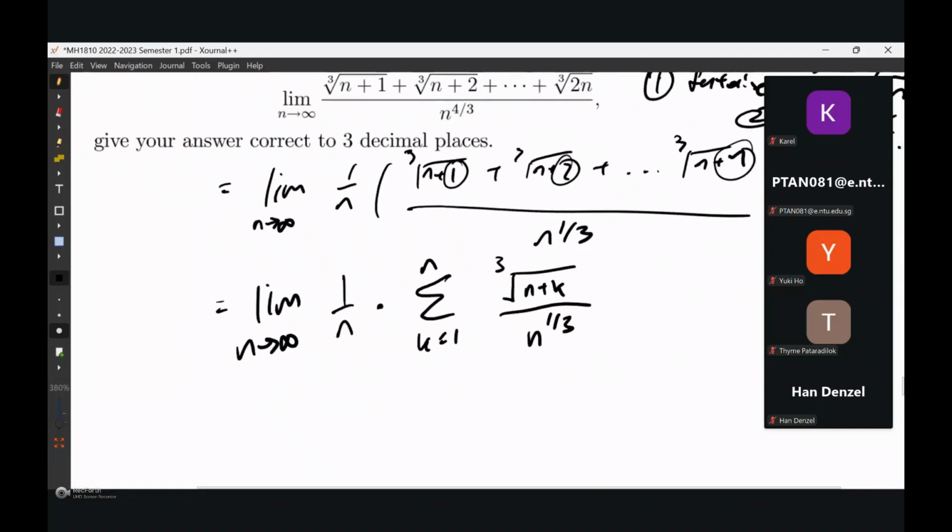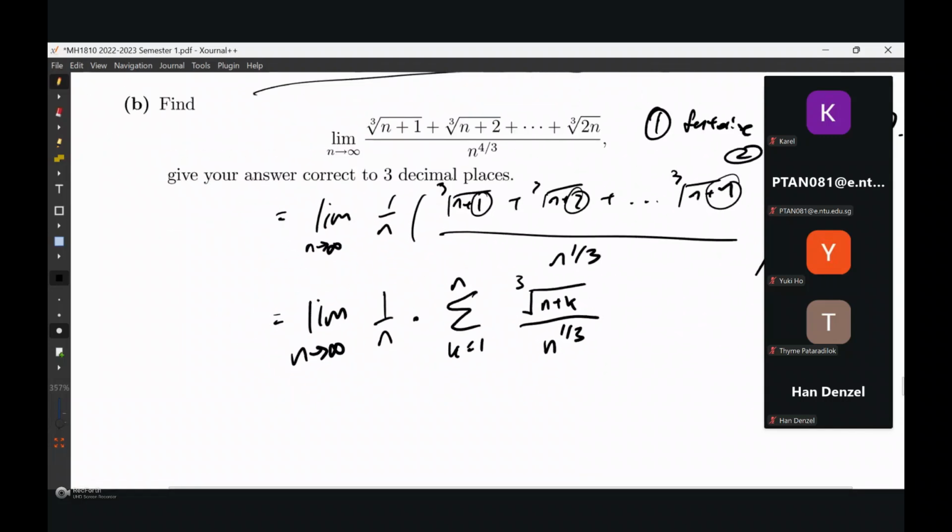Okay, so next step, we want to find out where is k over n. Now k over n is still not very obvious where it is. But here, notice that this n to the power 1 over 3 is the cube root of n. So I can rewrite this as the limit as n approaches infinity of 1 over n, summation k equals 1 to n, of the cube root of n plus k over the cube root of n.